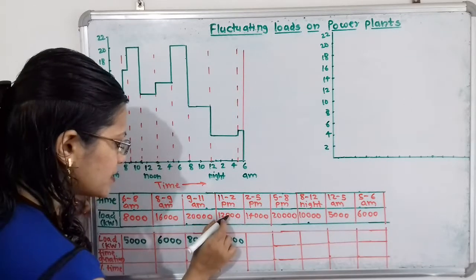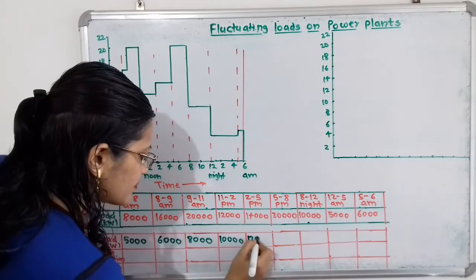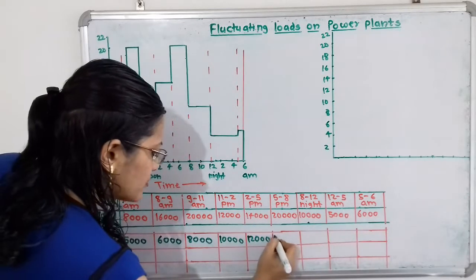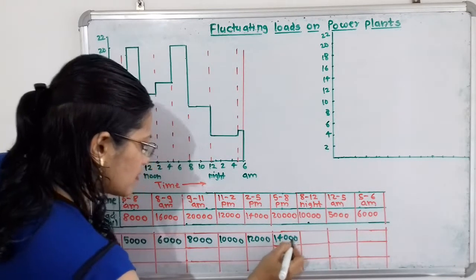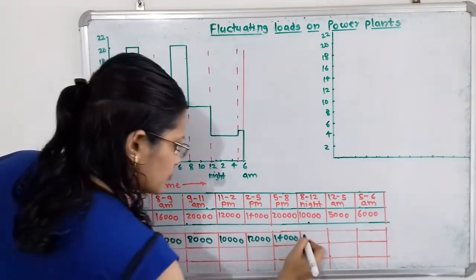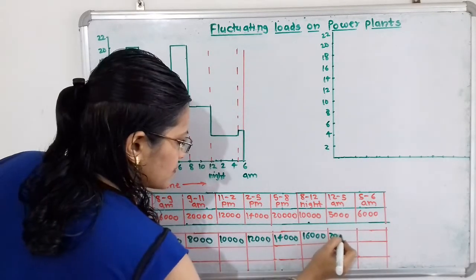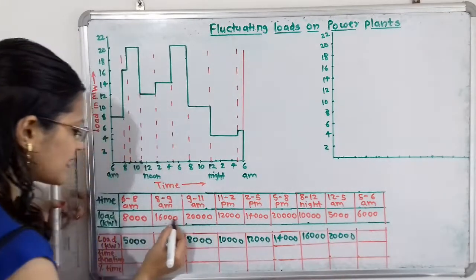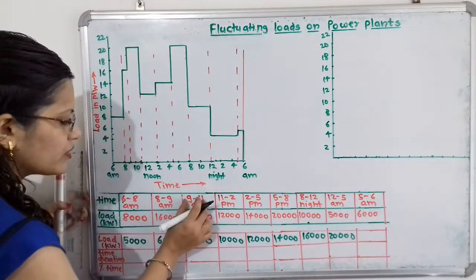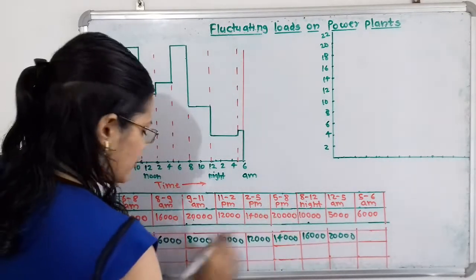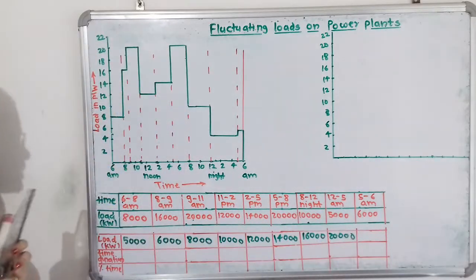Then here is 12,000. Then 14,000. Then 16,000. And the last one is 20,000. So this 20,000 is getting repeated here in between for 9 to 11 and 5 to 8. So here all the numbers are getting covered.